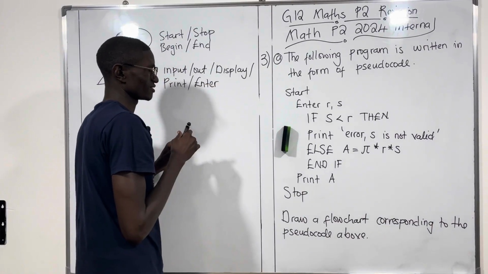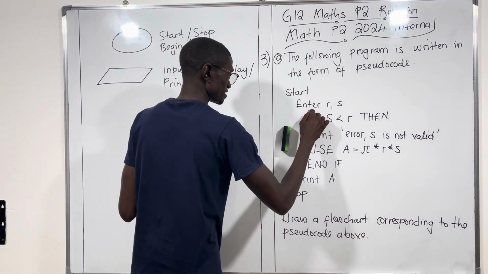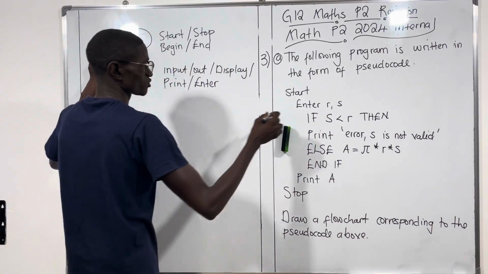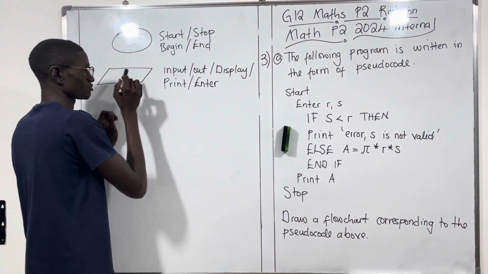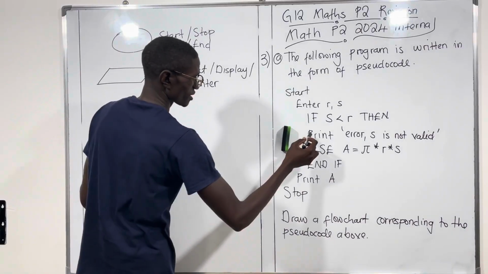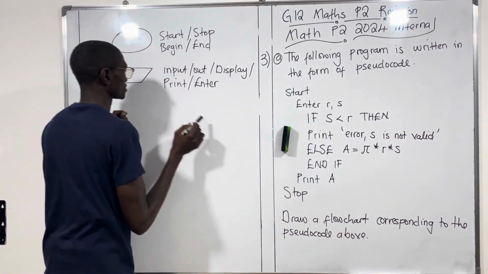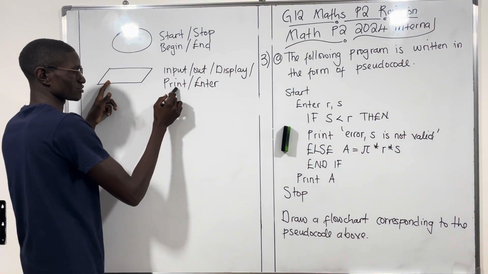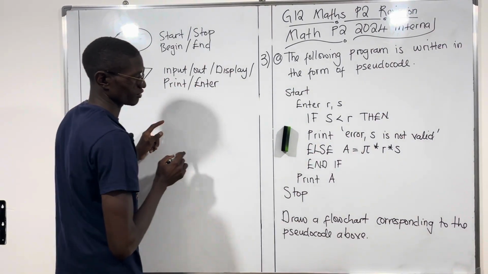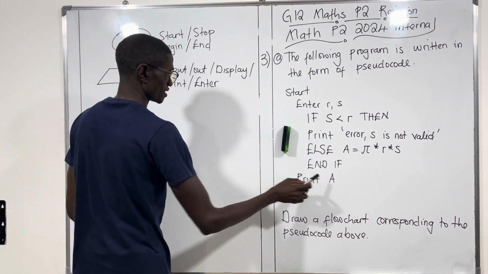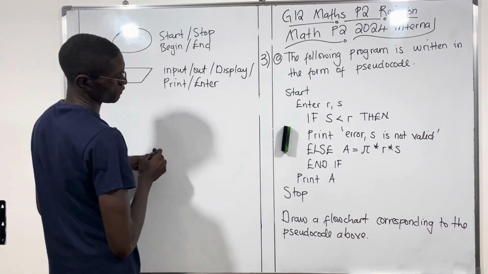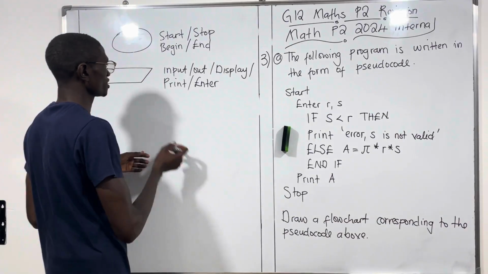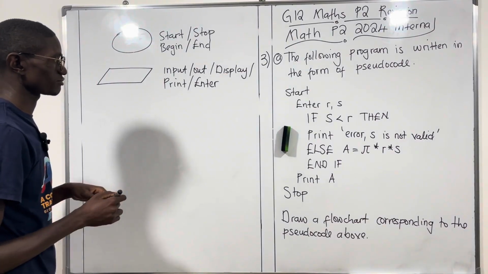Where you just see the word enter, this is the shape you use. You simply copy the whole message and put it in this box. If the keyword is print, you put that in the box. Print A, you simply put it in that box. Where you see display, you put the information in that box.